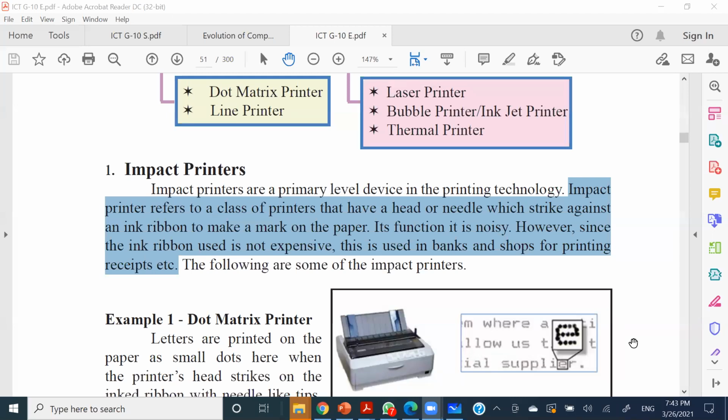Right, Vinith, you got time. So copy it down. Okay.